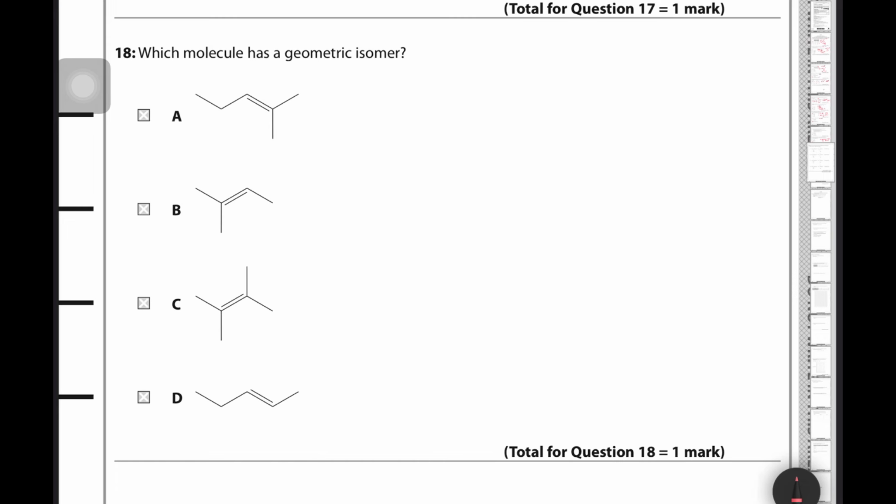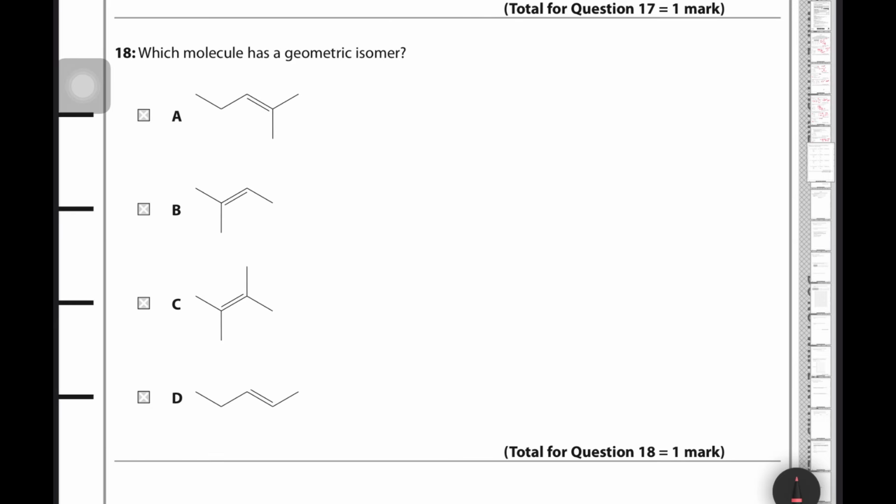Okay, which molecule has a geometric isomer? For any molecule to exhibit geometric isomerism, each of the two atoms involved in the restricted rotation must have two different groups attached to it, right? So if you see in this, A cannot be, because this molecule has two methyl groups at one end of the carbon-to-carbon double bond.